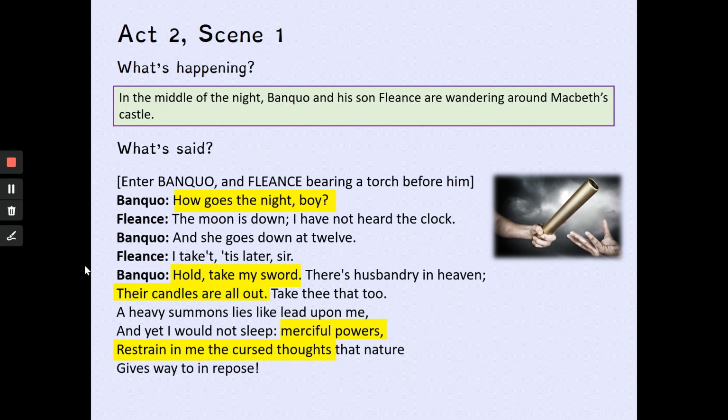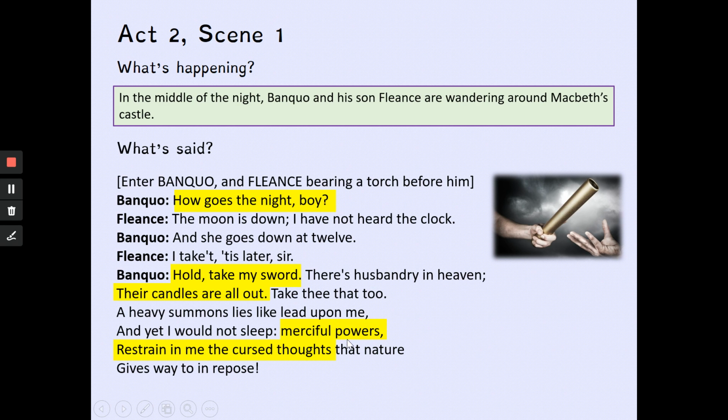And then Banquo, we know, is more moral than Macbeth, but we know that he's only human, and we also know that he's had these promises made to him that his son will become king, he will get kings. And he says here, "Merciful powers restrain me in the cursed thoughts that nature gives way to in repose." Now, this is an interesting quote, because the merciful powers that are controlling Macbeth are supernatural powers.